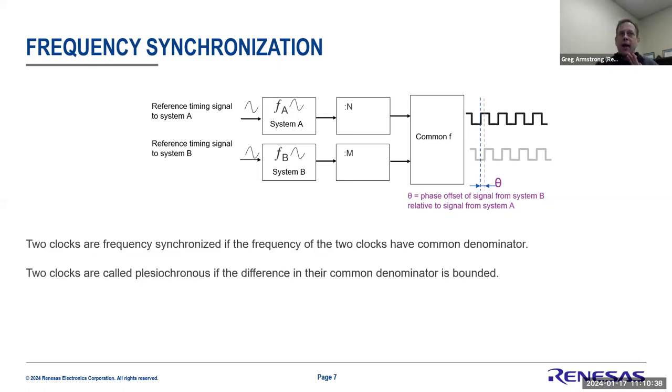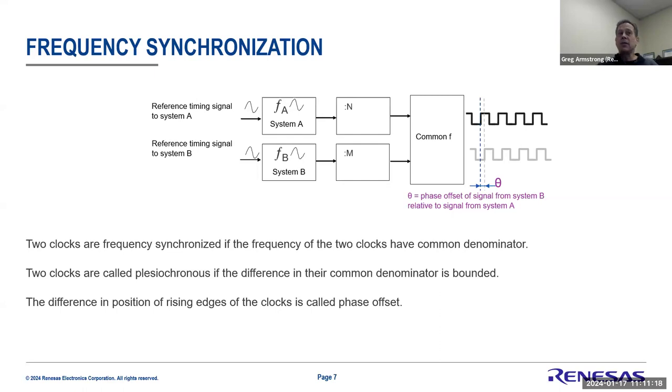And if you see that static phase offset maintain a common denominator, where that denominator stays static, then we call that being frequency synchronized. If that denominator is only bounded, so sometimes it may vary over time, there is a term called plesiosynchronous. It's a term that was used in telecom a long time ago. Generally, most systems now move more towards a synchronous standpoint, where there's a common source that you can make your measurement to, either a common frequency source or a common time source that is coming from that.